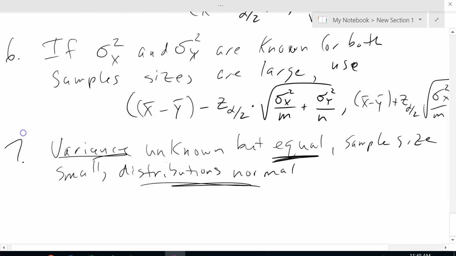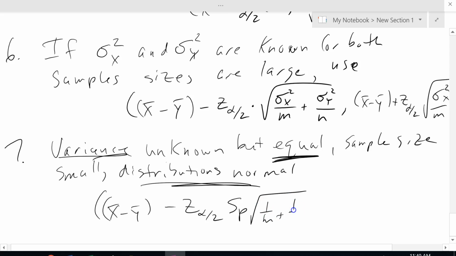Then we use that pooled variance, or the pooled standard deviation, times the square root of 1 over m plus 1 over n. Oh, these are not z's, these are t's.